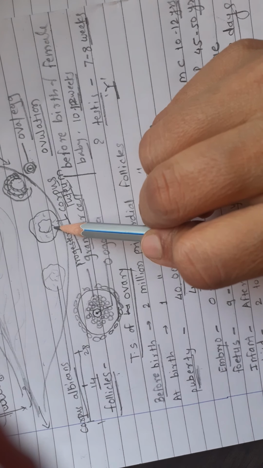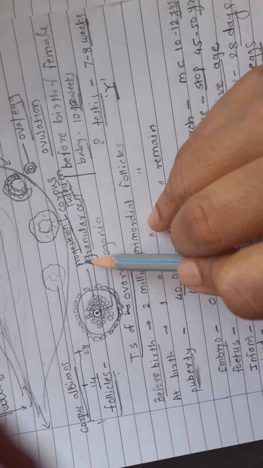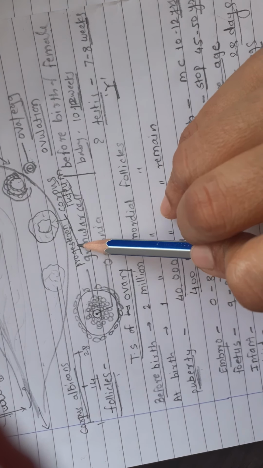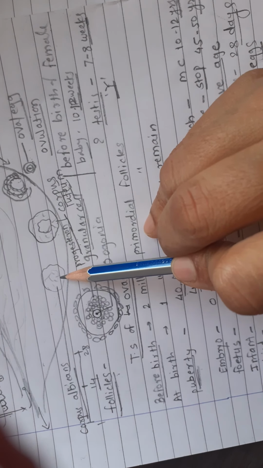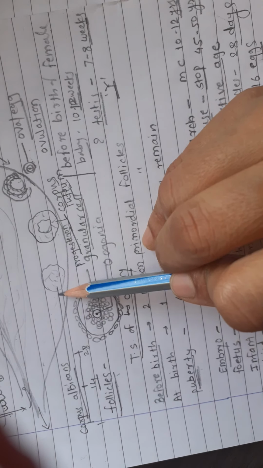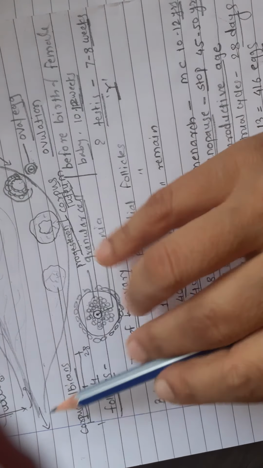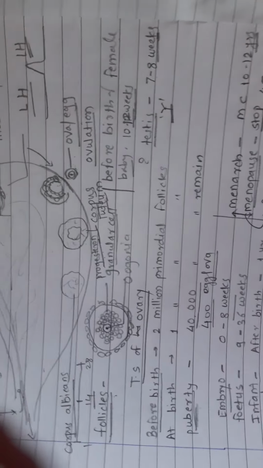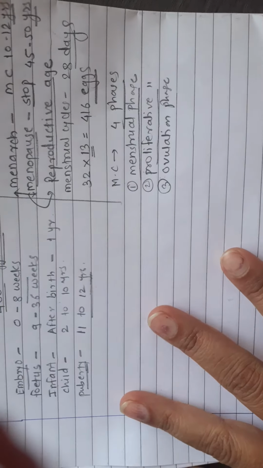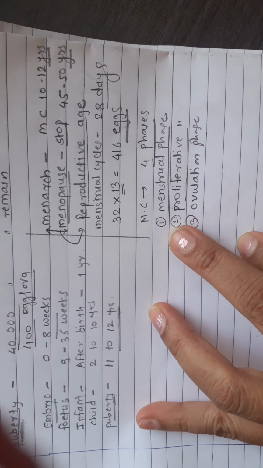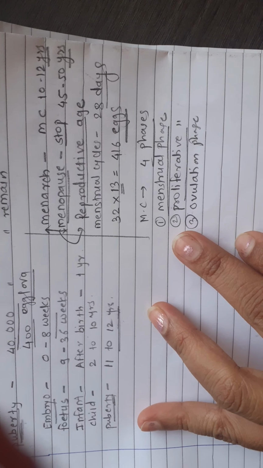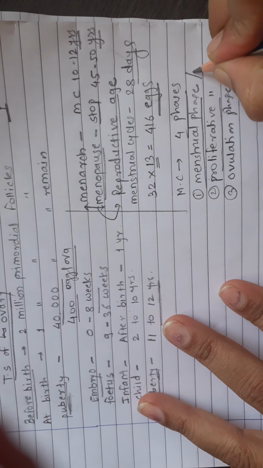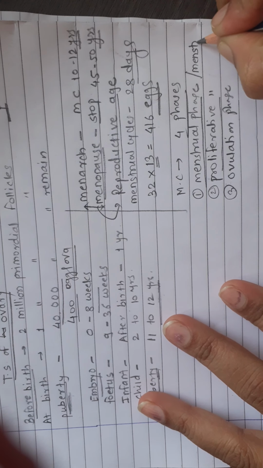If fertilization takes place, corpus luteum maintains the pregnancy. If fertilization does not take place, corpus luteum becomes a white scar of the body, called corpus albicans. This is the section of the ovary, and it is related to the menstrual cycle, which shows the 4 phases. The first phase is called the menstrual phase or bleeding phase.